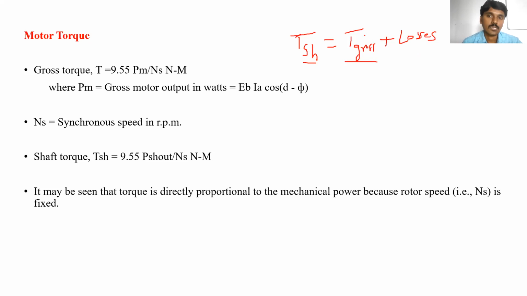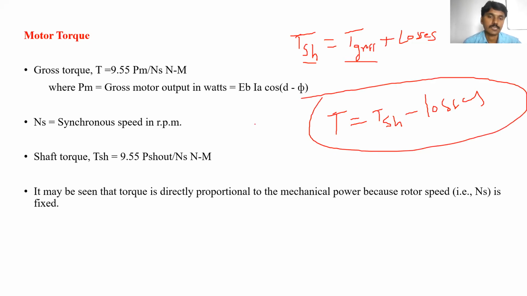That's why Tsh is gross torque minus losses. So input minus losses is equal to output. Like that we can write.